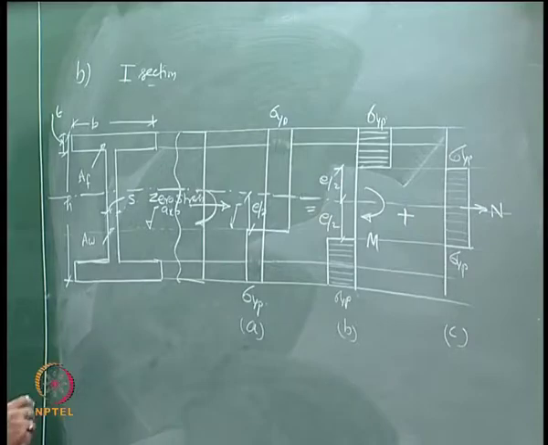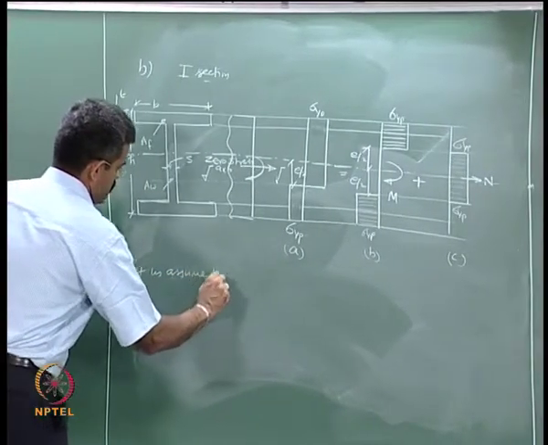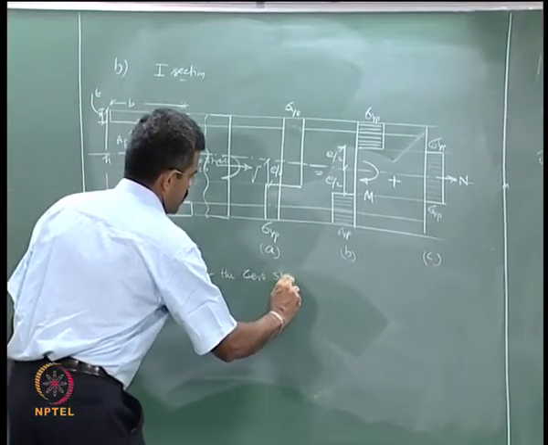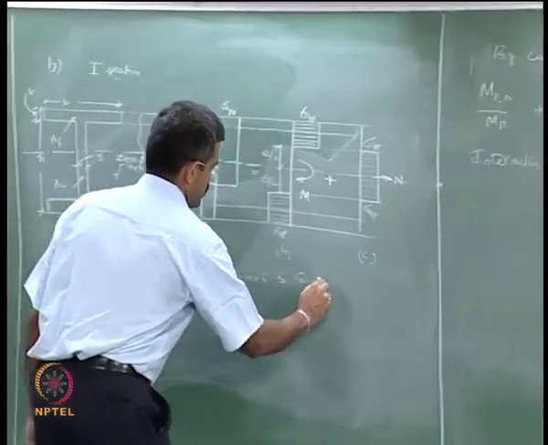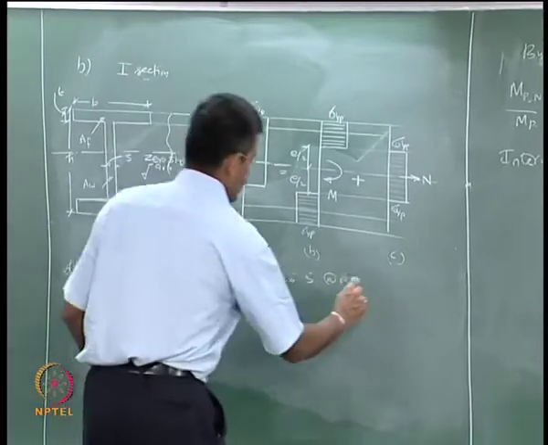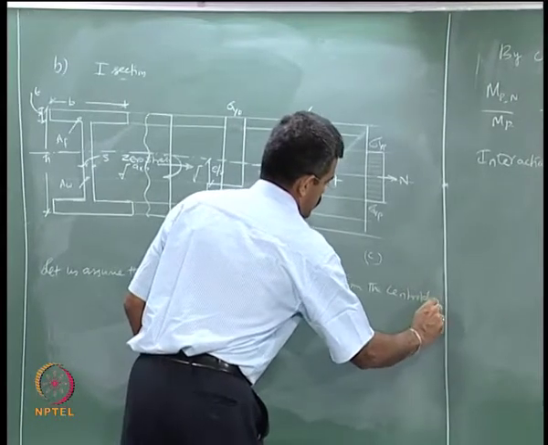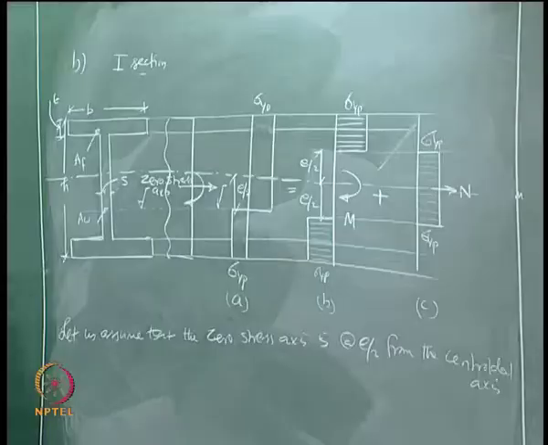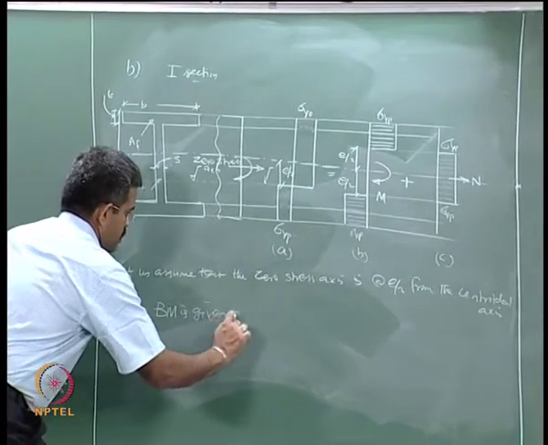Let us assume that the 0 stress axis is at E by 2 from the centroidal axis as shown in the figure. The bending moment of the section is given as below.